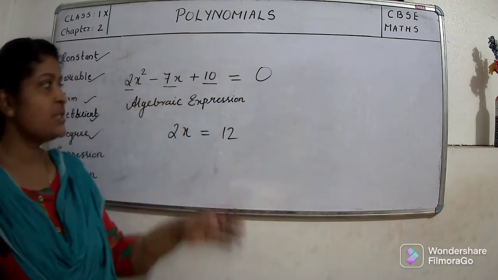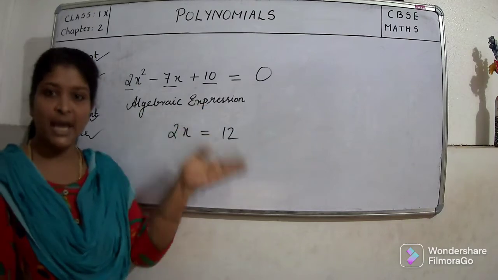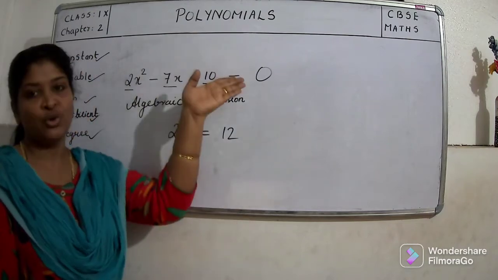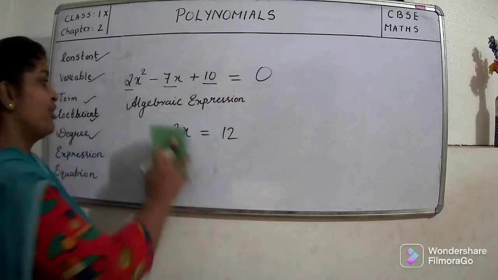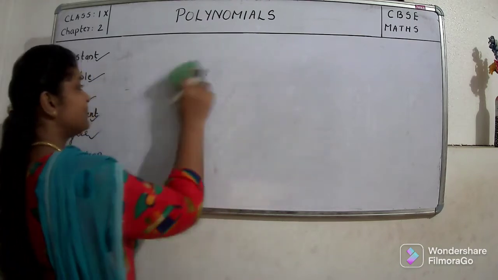Now, what is the difference between an algebraic expression and a polynomial? For that I have to write some examples.